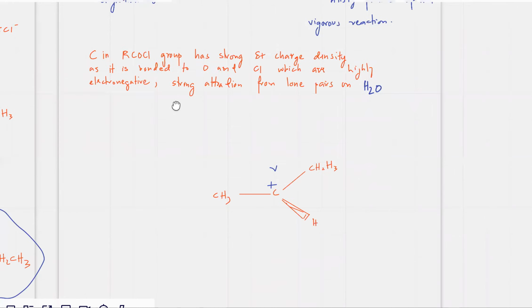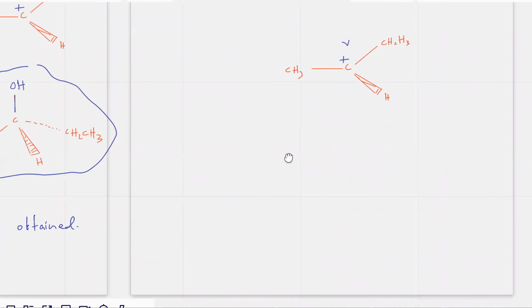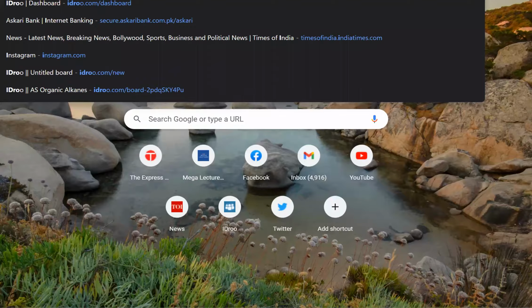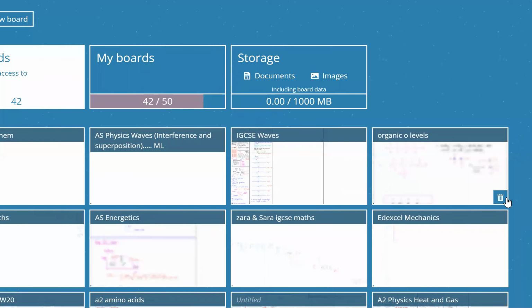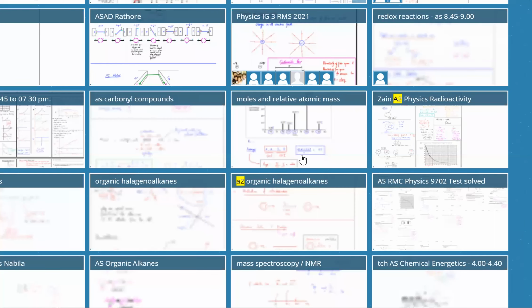And after this, I think we had switched boards. Just a second, let me see if we can find the boards. So we started doing amino acids.